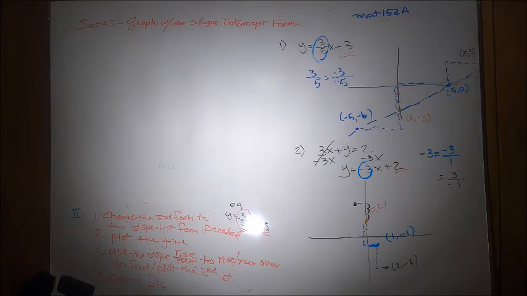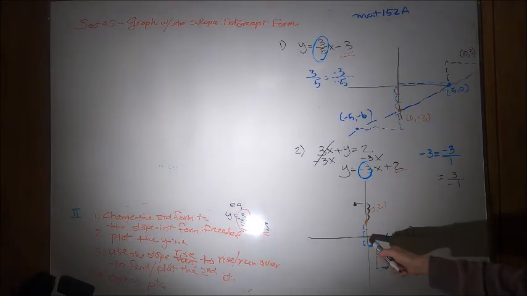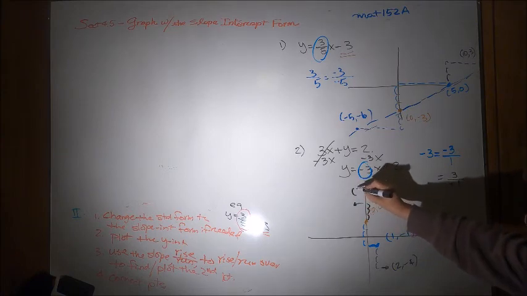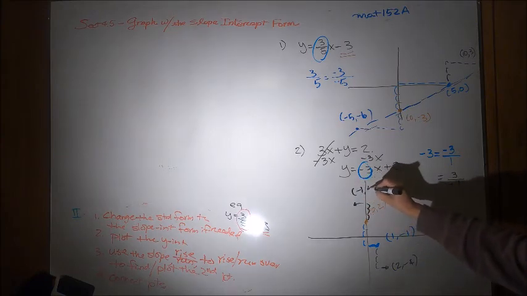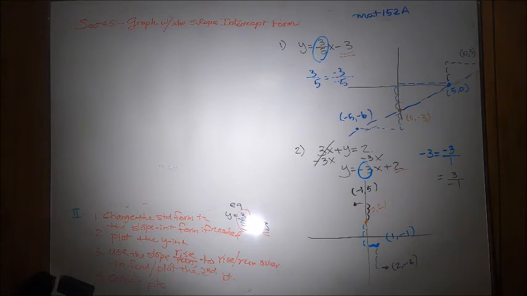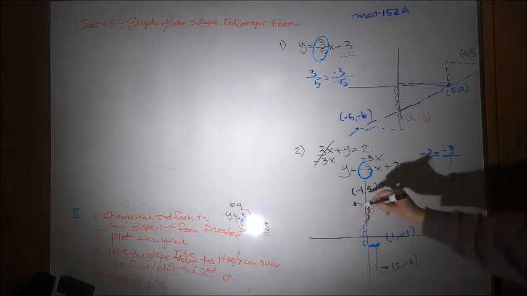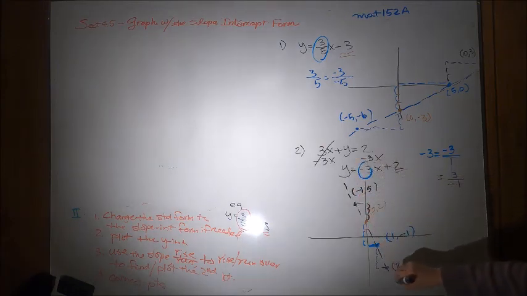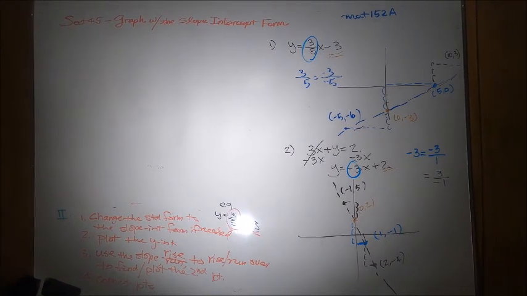Then what is the position? Counted. 1 here, 5 there. So it's what? -1 and 5 for this one, right? Then you connect the line. It should be what? Negative line. It goes down, right?